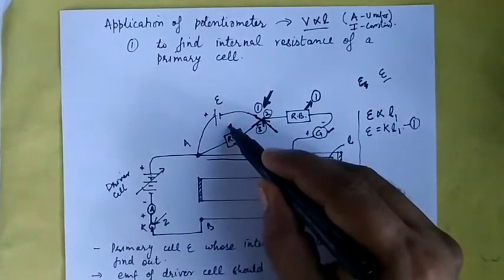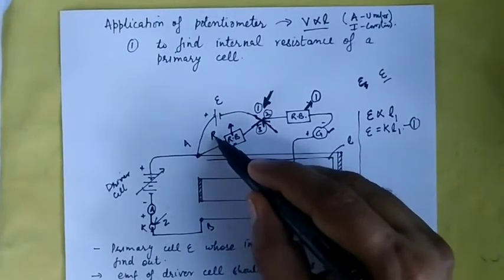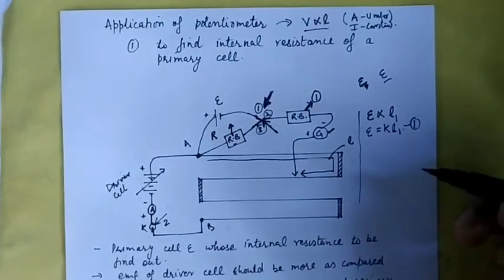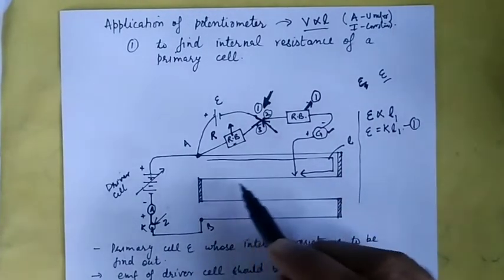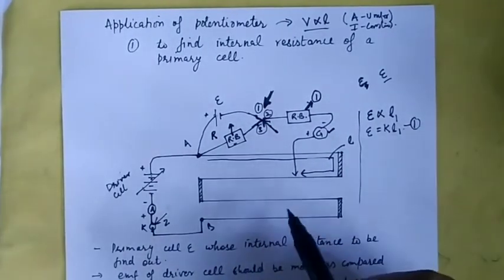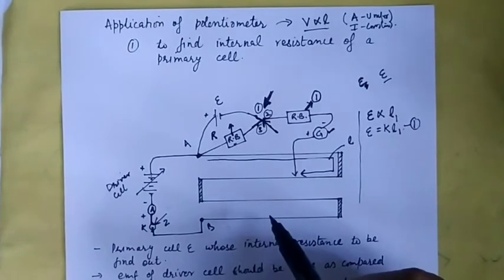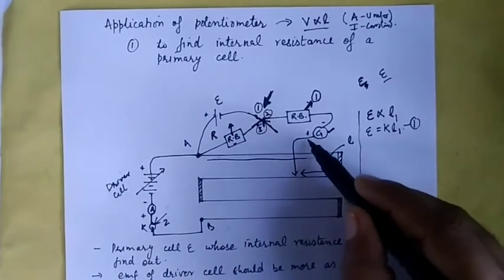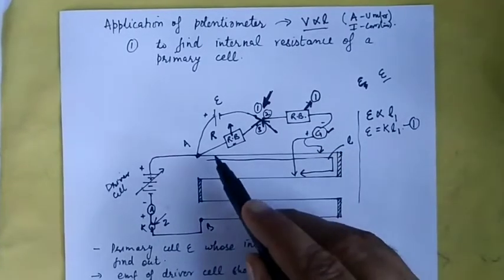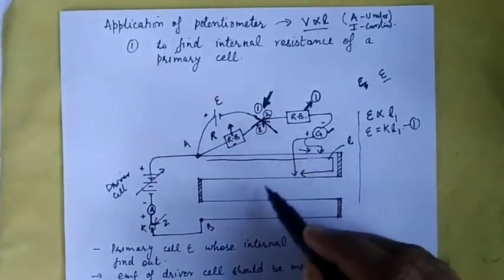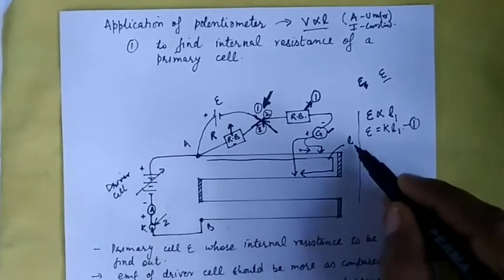Remove any key from this resistance box; I take that resistance as R. Again the same procedure is followed. Move the jockey so that it shows zero deflection. I found that it shows zero deflection at this point, and I take this length as L2.